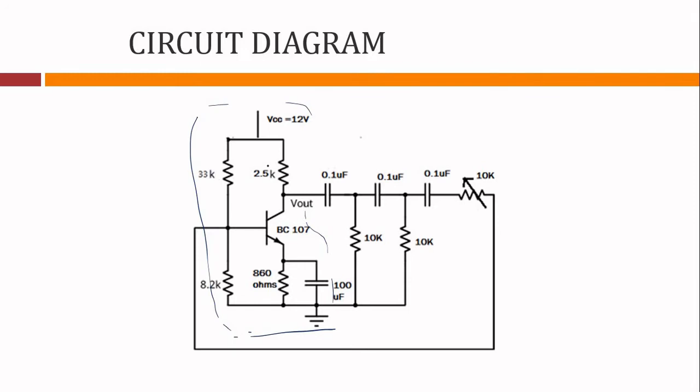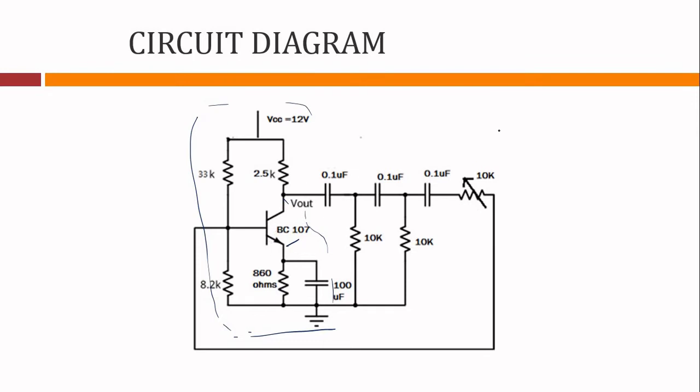Then you mount only this particular network, apply a voltage of 12 volt and check the voltage over here. At the same time check the value of VCE, the voltage across collector and emitter. It has to be roughly half of VCC if your design is correct. You have to make sure that the transistor is operated in the active region, that is, the Q point should be right at the center of the DC load line.